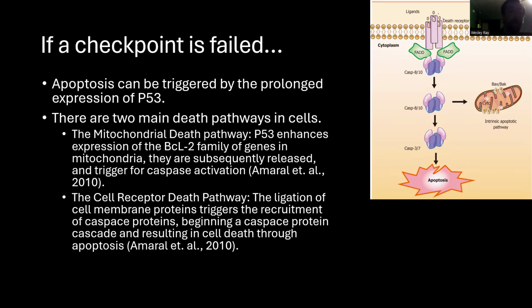And ligation of these different signal structures triggers the promotion of caspase proteins, beginning a whole caspase protein cascade, resulting in cell death through apoptosis. The goal here is not necessarily apoptosis, but if this signaling keeps going on and doesn't cease, the end result is going to be apoptosis of the cell.